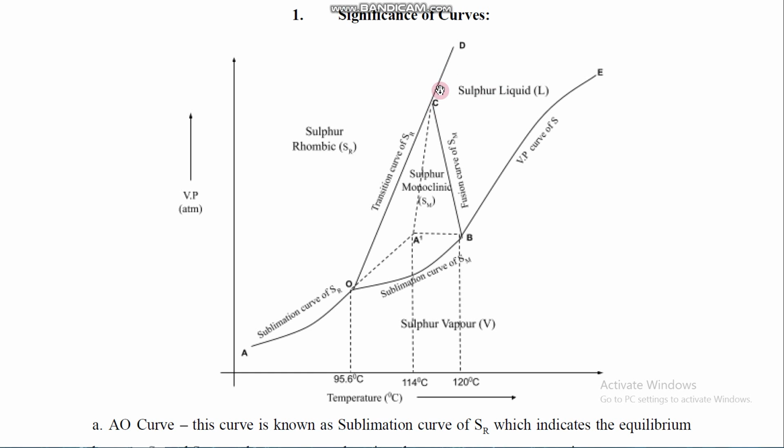There is only one variable: degree of freedom 1 means either temperature or pressure.